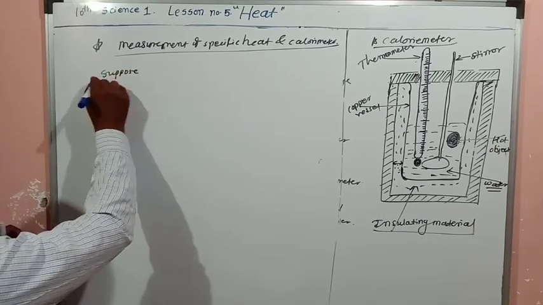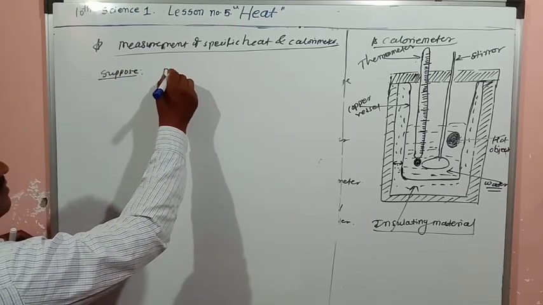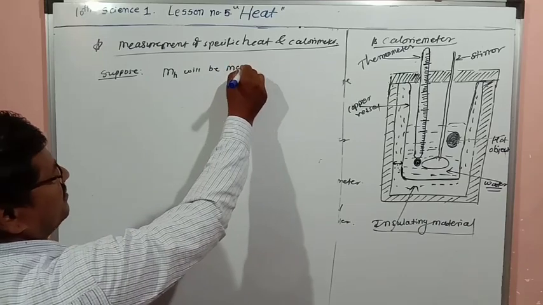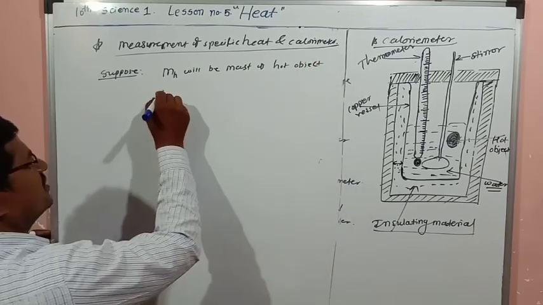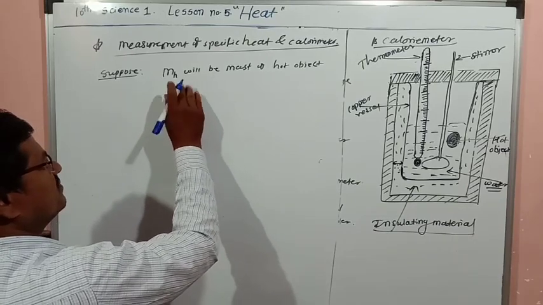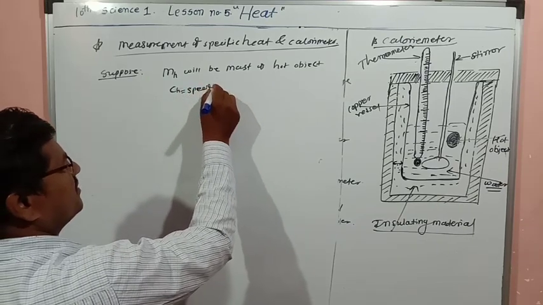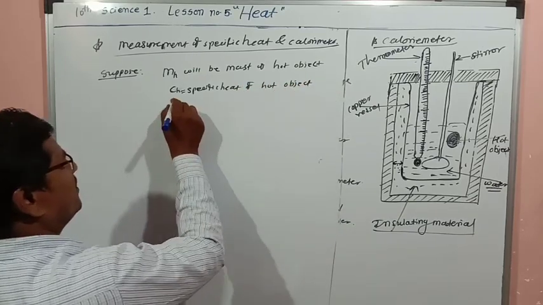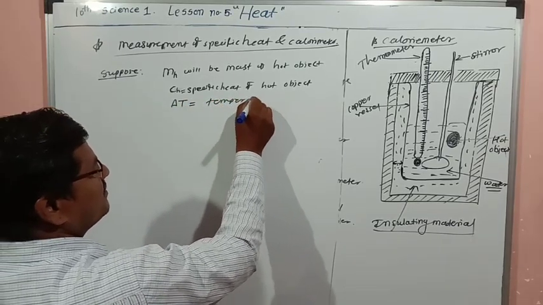Suppose mH is the mass of the hot object, CH is the specific heat of the hot object, and delta T is the temperature change.